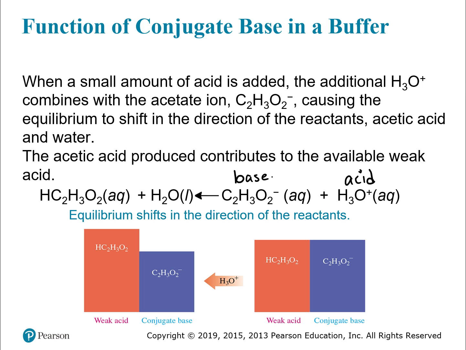The acetate ion is going to take up that hydrogen from the acid to make more of your acetic acid. So if we had that same balance of the weak acid and the conjugate base, equal amounts, and we added in an acid, we're now going to have more of the acetic acid, which is our weak acid.